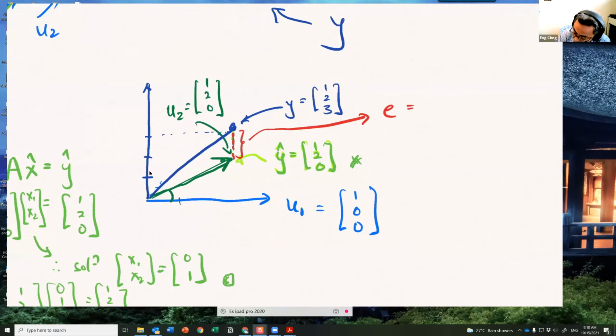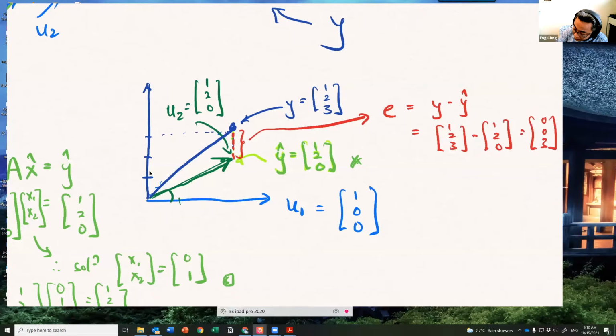E is still Y minus Y hat. What is E? E is 1, 2, 3 minus 1, 2, 0, which equals 0, 0, 3. Remember the characteristic of E? E is orthogonal to any vectors on what?